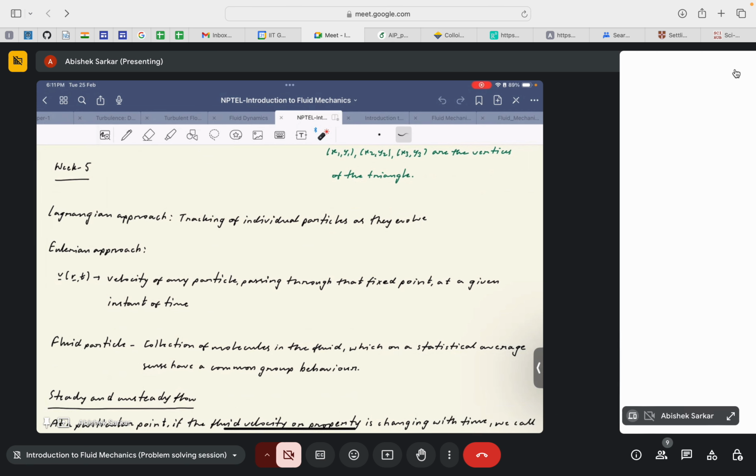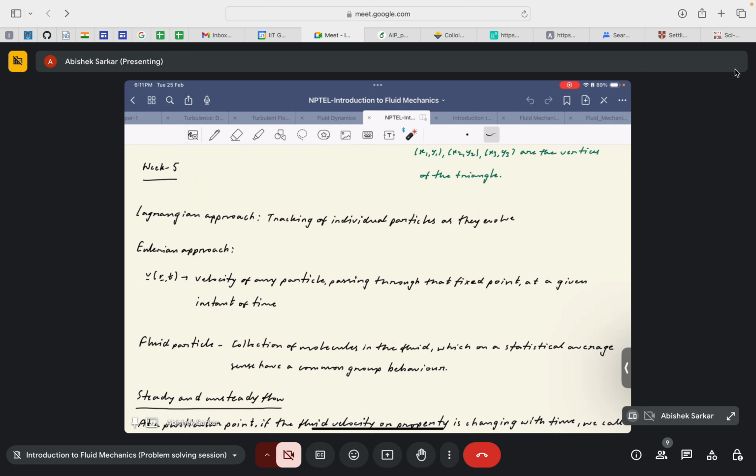Okay. So as I was discussing, fluid kinematics is a new chapter in this course, because now we will be dealing with fluids in motion. Up till now we were dealing with fluid in static, basically the fluid at rest, and seeing how different forces act in this kind of scenario.